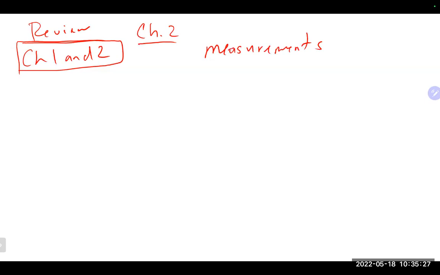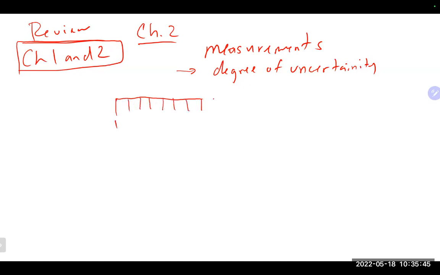And when you take a measurement, as we've talked about, there's always some degree of uncertainty. So again, the classic: if we had a line there and we were going to measure it, we would count the little markings 1, 2, 3, 4, 5, 6, 7, 8, 9, and 10.